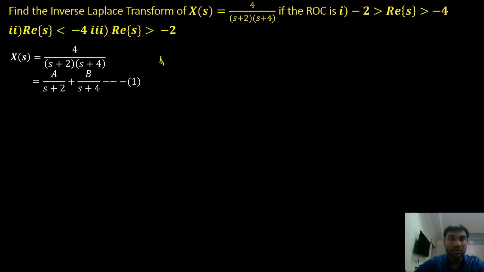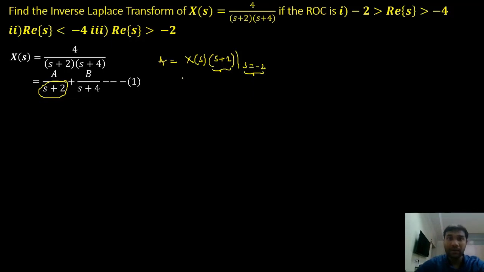A is equal to X(s) multiplied with (s plus 2), because we have distinct and real roots. Multiplied with (s plus 2), and in the result you have to substitute s equal to minus 2. How will you get s equal to minus 2 here? This term s plus 2, I will equate it to 0 and find the value of s.